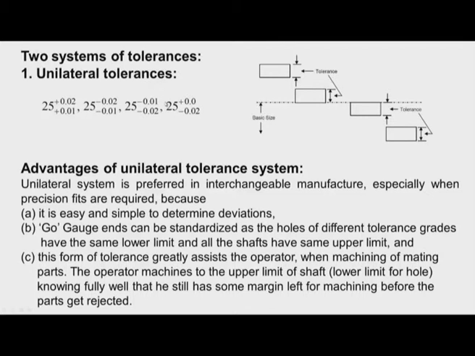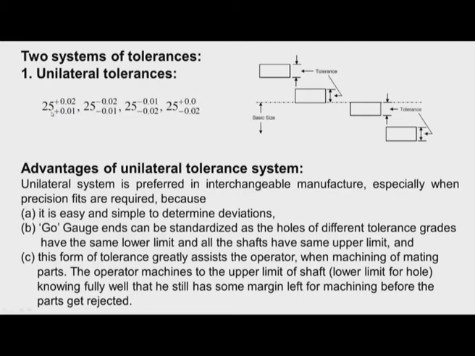Now we can study this picture wherein this is the basic size of the component, basic size of the hole or basic size of the shaft, and in the case of unilateral tolerance it is specified on one side of the basic size.